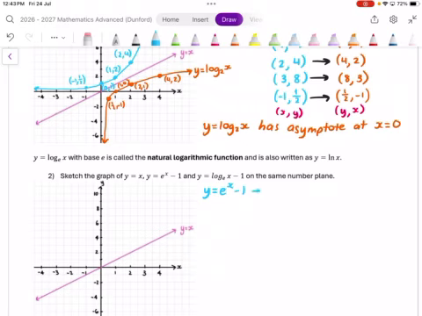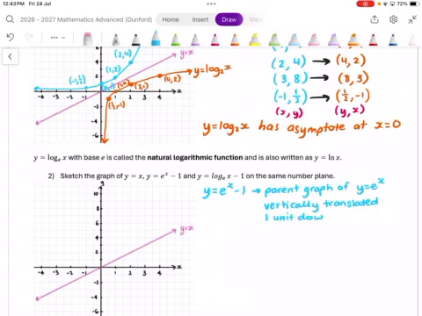Now, our y equals e to the x minus 1 has a parent graph of y equals e to the x, but it has been vertically translated. Translated is a fancy word for shifted or moved, 1 unit down.